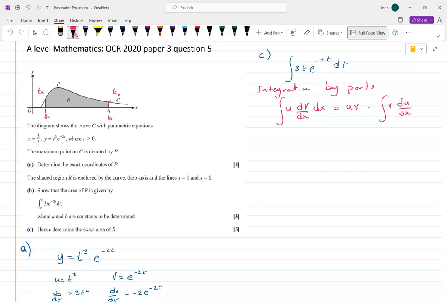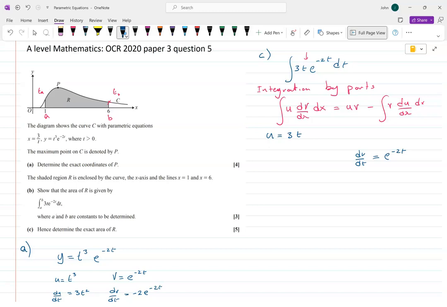So that's given to us. Now, unless we have a log, an ln, we always let the algebraic bit be equal to u. So we're going to let u equal 3t, and we're going to let dv by dt equal e to the minus 2t.